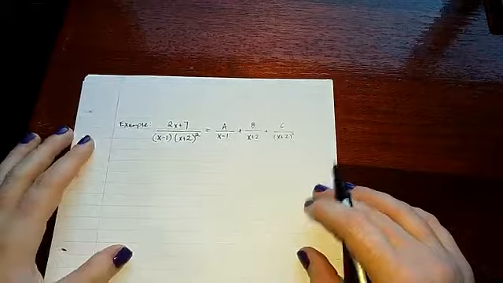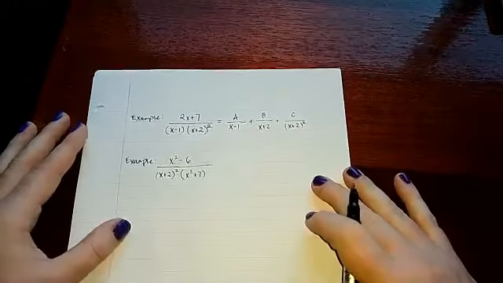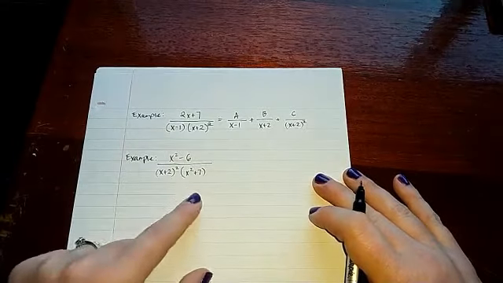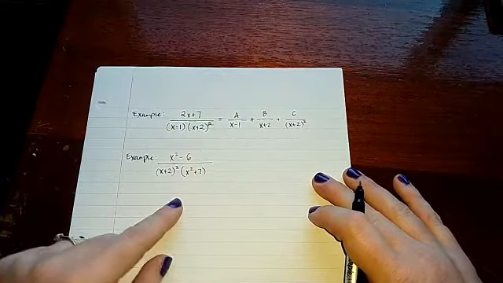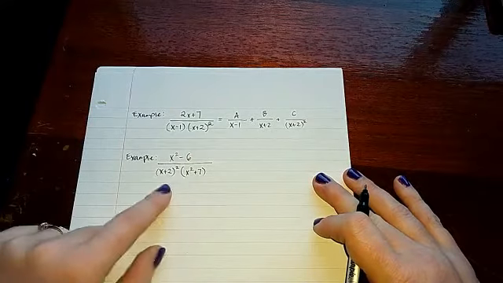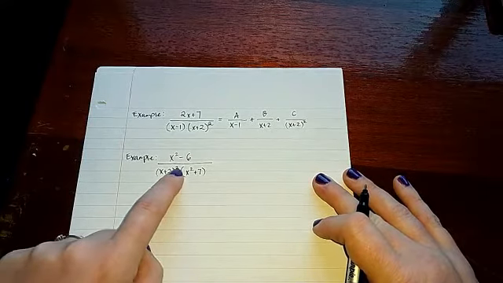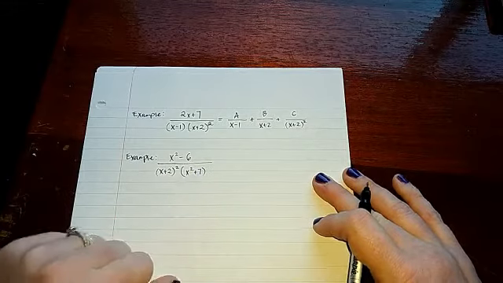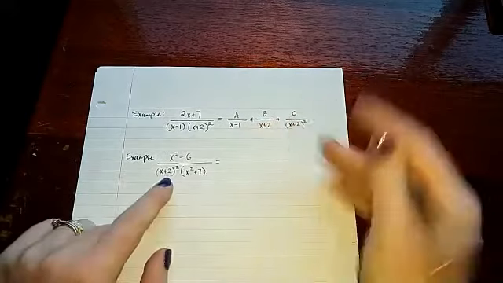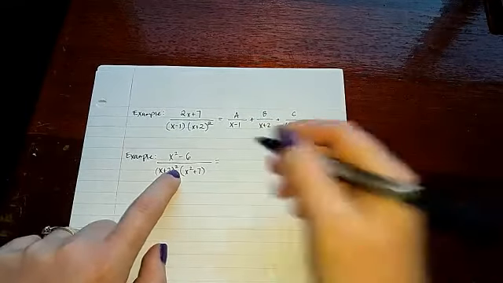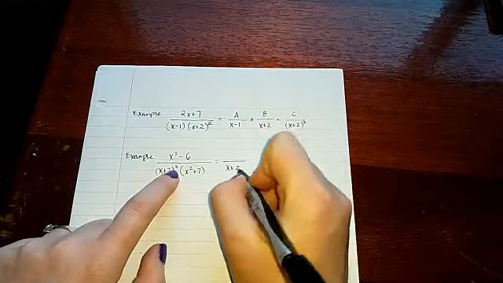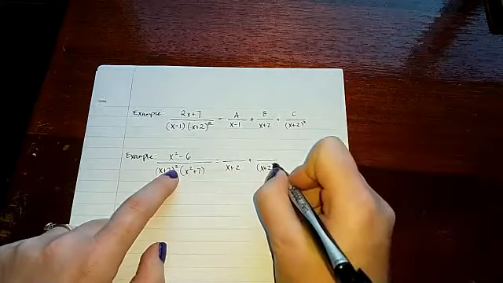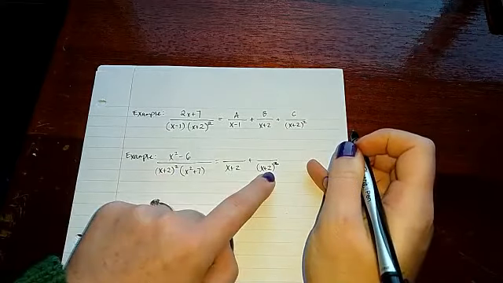Let me show you one more. Okay, so I want to set up the partial fraction decomposition for this rational expression. I notice I have a linear factor repeated twice, and I have a prime quadratic only here once, okay? So this first factor here is linear, it's repeated twice, so it's going to give me 2 fractions. x plus 2 to the first, x plus 2 squared.